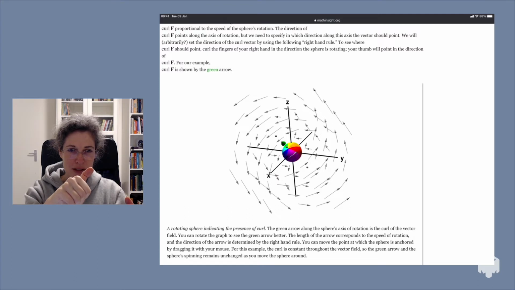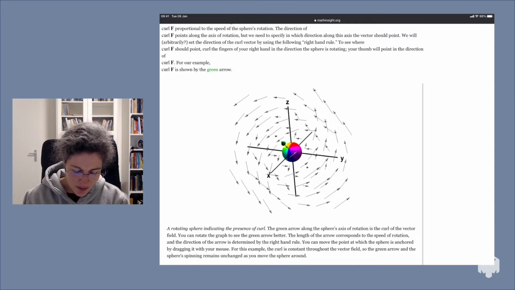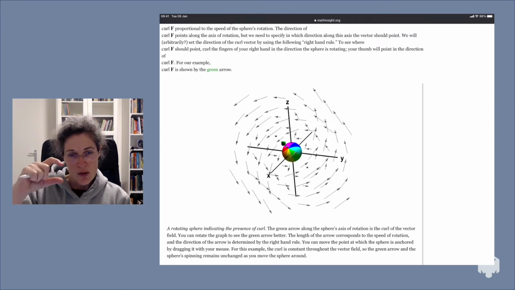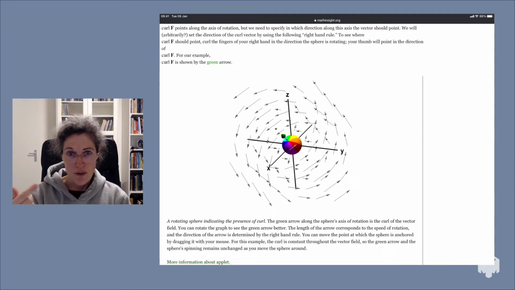So our right hand rule: thumb of right hand points in the axis of rotation, fingers curl in the direction of motion. You can try that with this little image over here. That gives us the direction of our vector, and we use the magnitude to say how fast it's going.